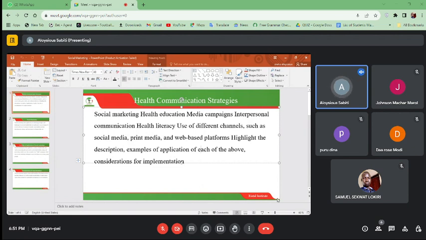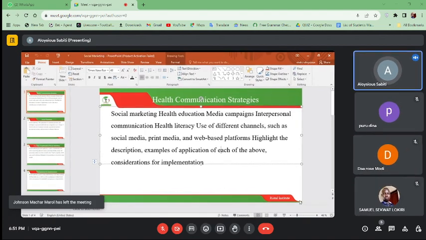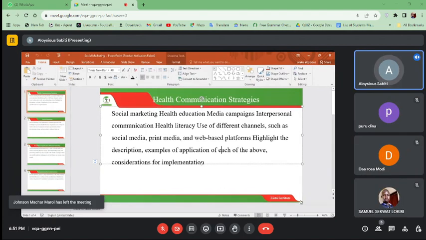That is why you see that during the COVID-19, the WHO was using the radio stations, the TV stations, they were using print media, they were using social media, but also they were using their websites to promote the SOPs, or the standard operating procedures for managing COVID-19.